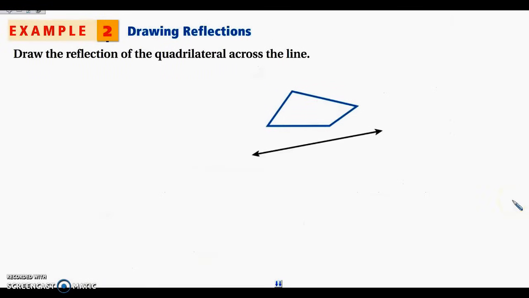Okay, so example 2, we want to draw the reflection of the quadrilateral across the line. Now, please know that I'm really asking you to sketch it, because we are not doing formal constructions with this. We will do those later. So right now we're just eyeballing and doing the absolute best we can. So here is what we're going to do.